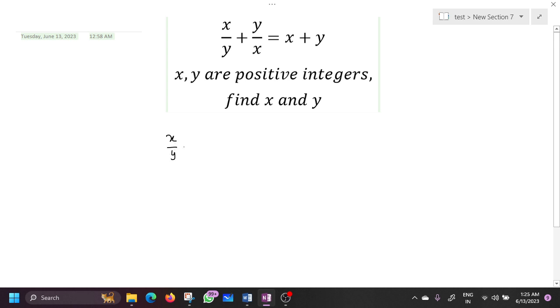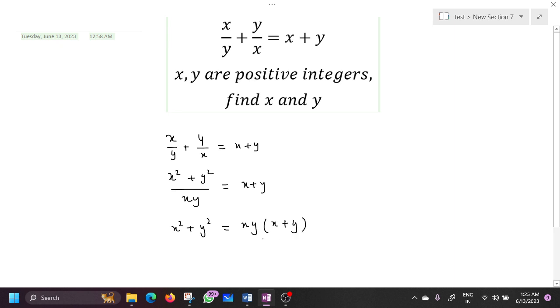x by y plus y by x is equal to x plus y, which gives you x square plus y square upon xy is equal to x plus y, which will give you x square plus y square is equal to xy into x plus y, which will give you x square plus y square equal to x square y plus xy square.